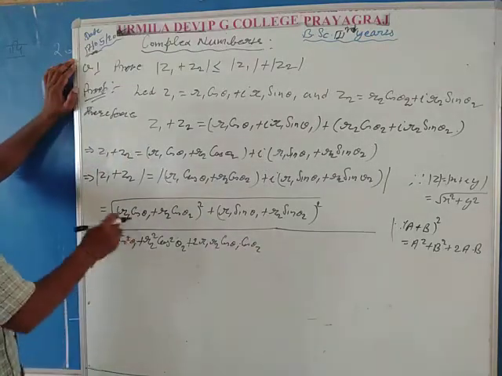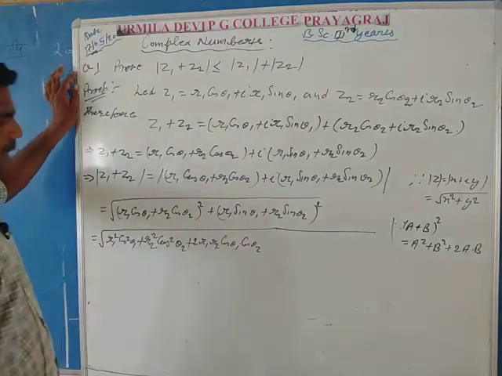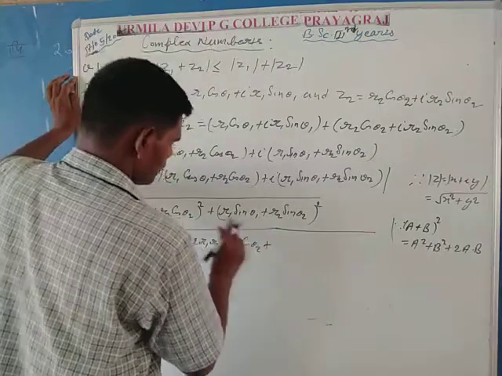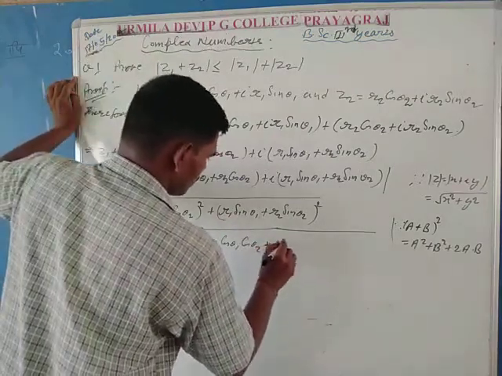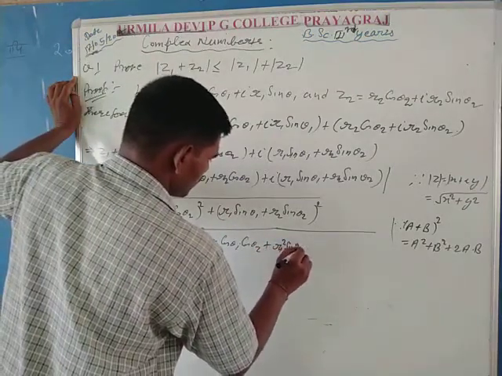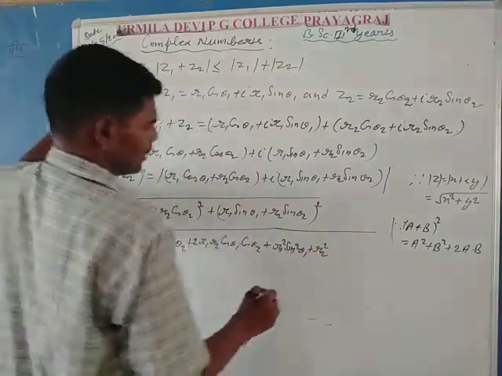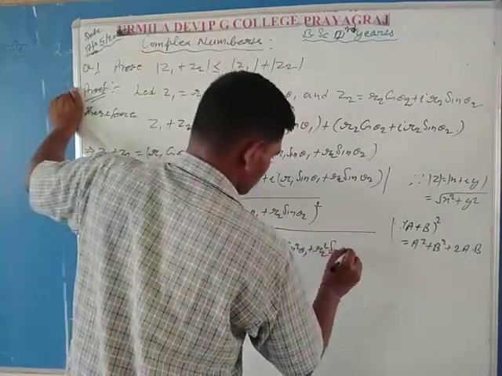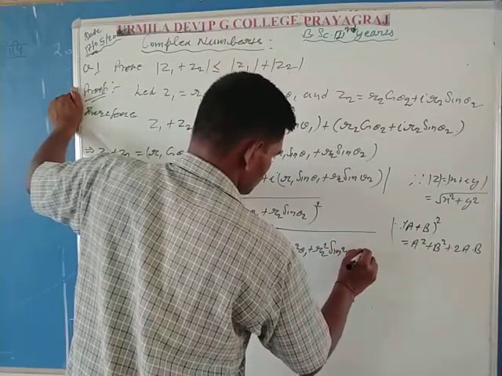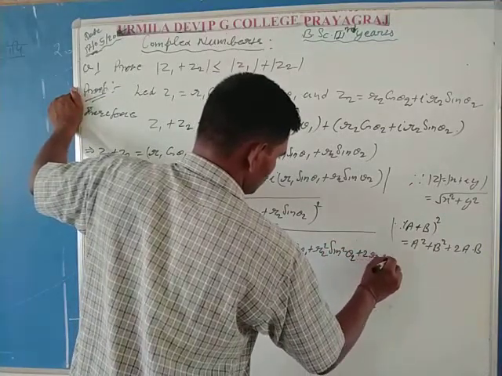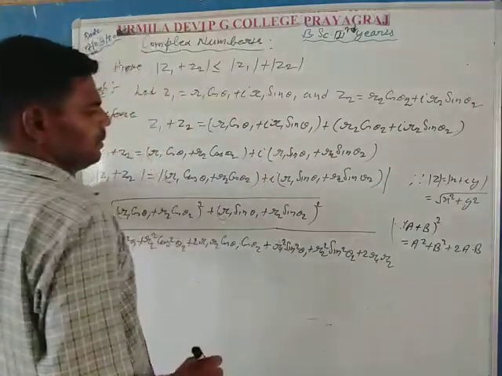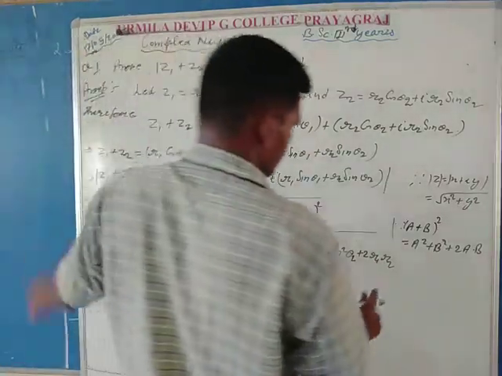This is the expansion of the first bracket. Plus, in the second bracket, R1 square sin square theta 1 plus R2 square sin square theta 2 plus 2 times R1 R2 sin theta 1 sin theta 2.